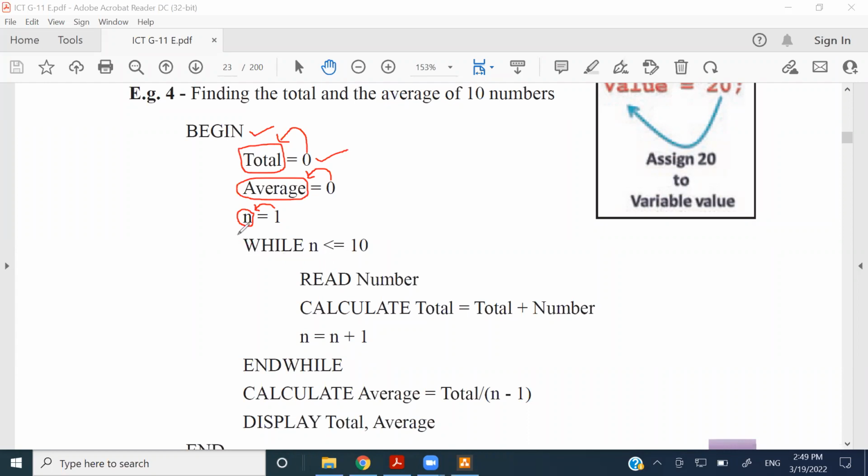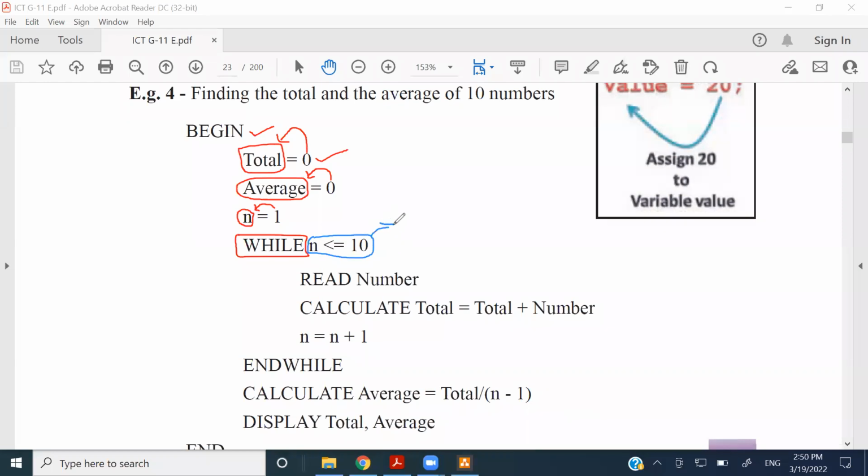Now you are finding something new in your code. It says while. This is one of the iteration structures, and in that iteration structure you have a condition. What's the condition? n less than 10.